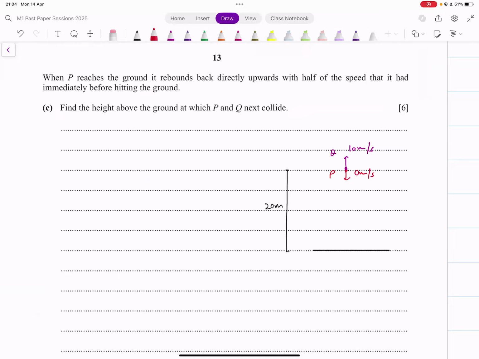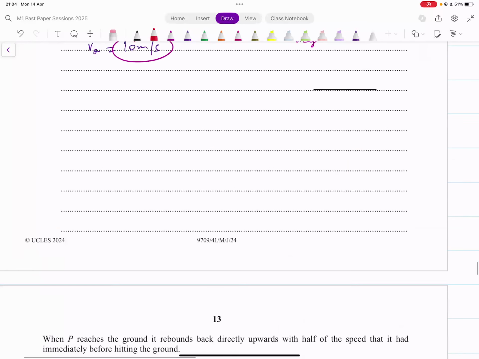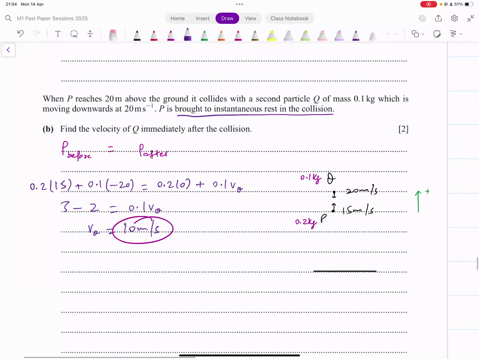Now what happens is P hits the ground, and it rebounds at half the speed that it had immediately before hitting the ground. Yes, Q is moving up because we found the velocity of Q and that turned out to be positive. That means it's going in the upwards direction.